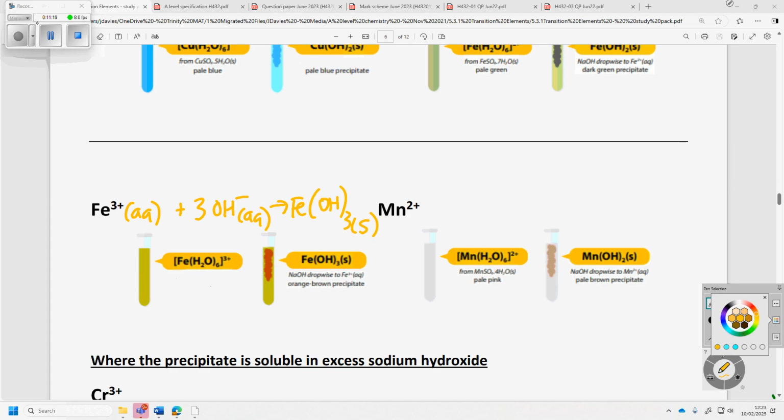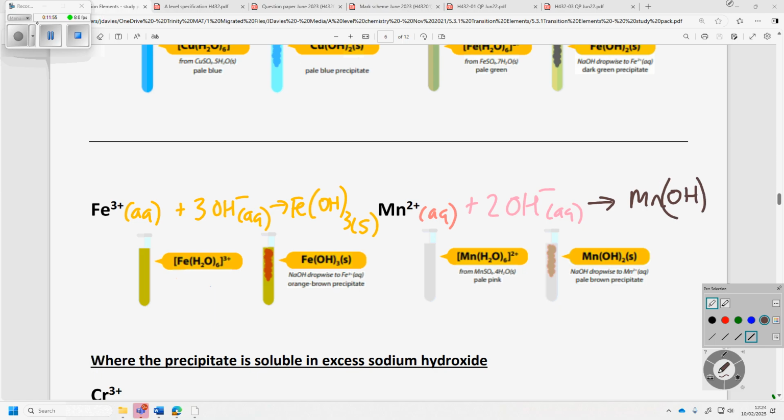Manganese, when it is in the hexaqua ion, is a very pale pink solution, and when we go to the hydroxide, with 2 hydroxides aqueous, we're going to end up with a pale brown precipitate of manganese hydroxide.